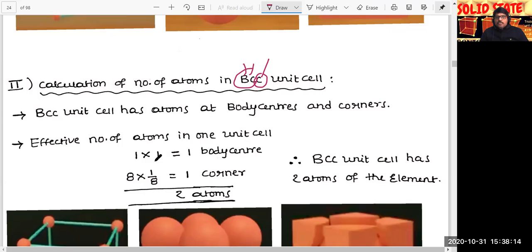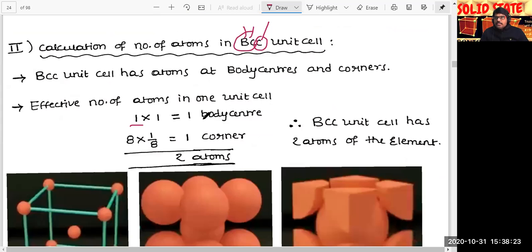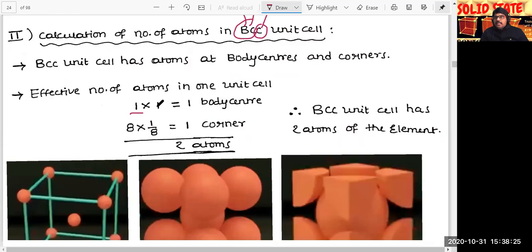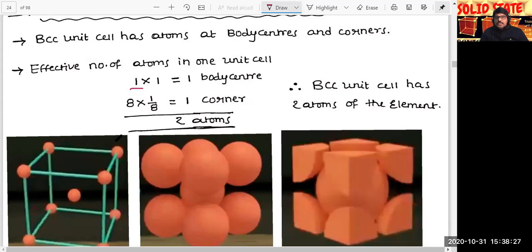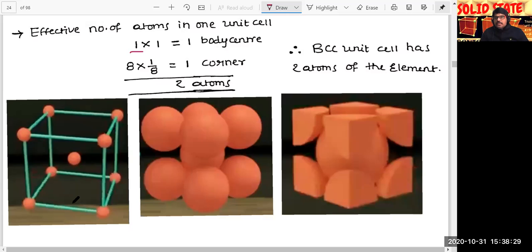Body centers are how many? 1. What is the contribution of body center? 1, because it is not shared by other unit cells. So it is getting 1 from body center, and 1 by 8 from 8 corners. See, this is the situation. In a BCC unit cell, the particle is present at the body center, and also the particles are present at corners.